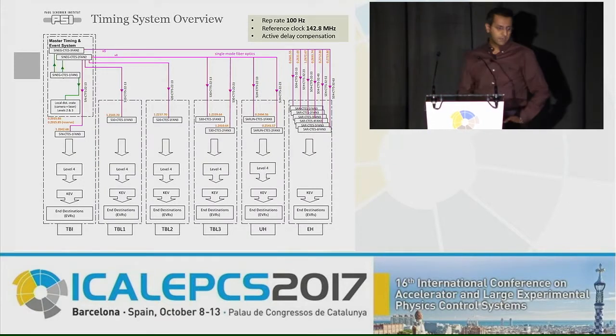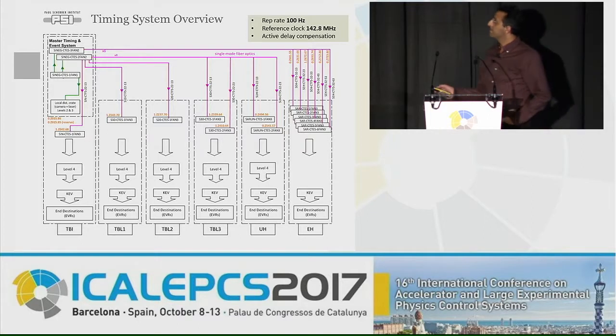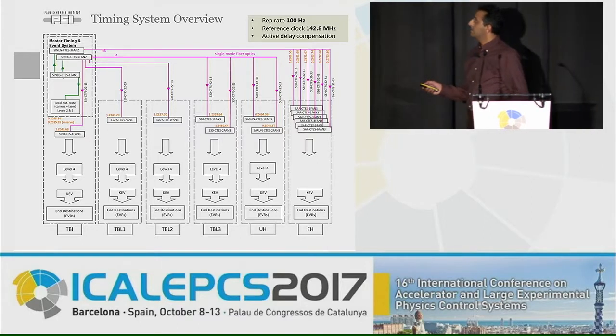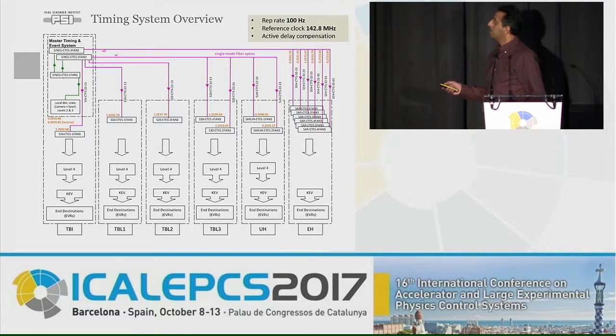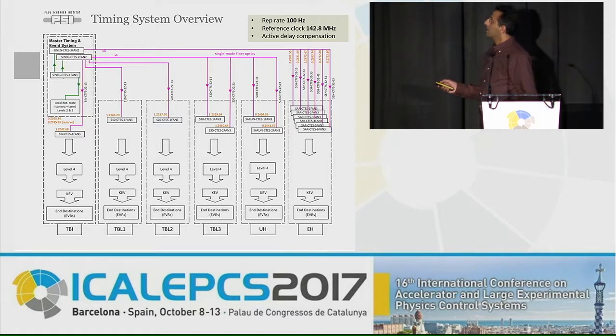Here you see the architecture of our timing system. On the left you see the master timing system, where the generated timing signals are fed to the first layer of distribution, and then they go through single mode fiber optic links to each subsection of the machine.